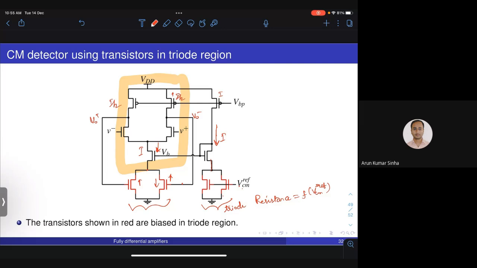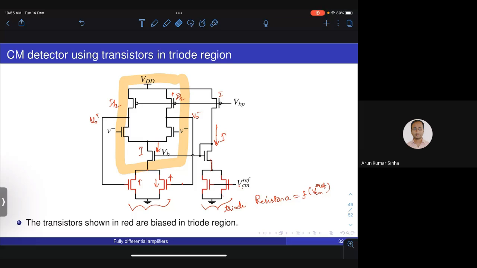So here again, the transistors are in triode, so generally they have a good linearity. But if VO plus and VO minus become very large, you remember the equation of resistance of a transistor in triode, right? Only if VDS is very small, the transistor acts like a linear resistance.